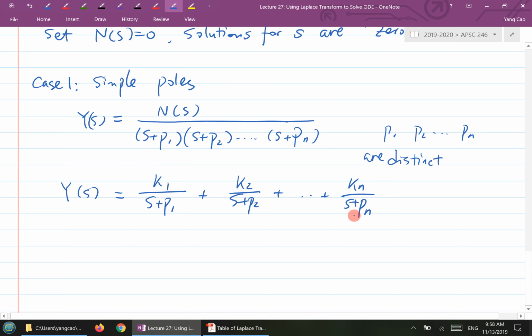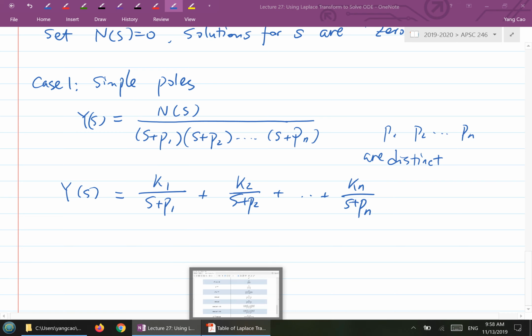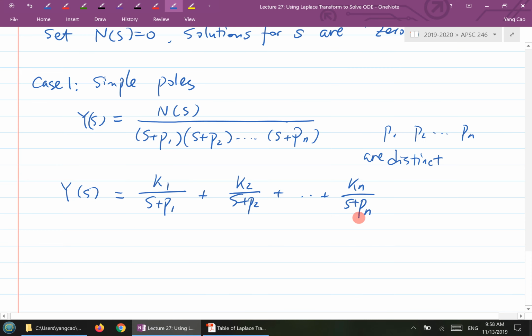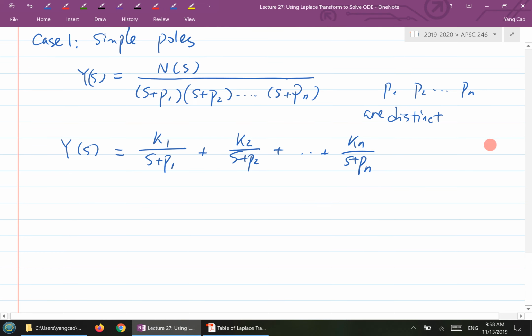Why is this going to be useful? Because if you can decompose it into this format, then looking at the table, I can use that particular term to find the inverse. 1 over s plus a has this inverse, which is exactly the same format. So the question is, what will be the values for all the constants k1, k2, up to kn? Remember, k1, k2, kn are not arbitrary values.